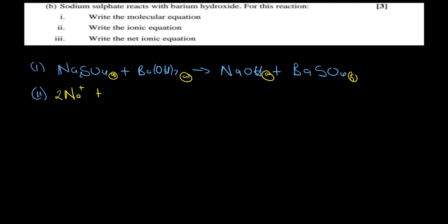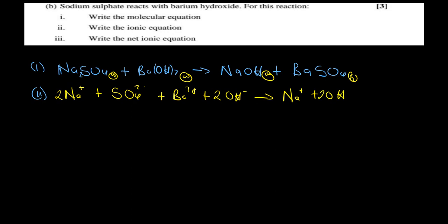Then we write sulfate with a negative there, plus barium with a plus there, plus hydroxide, you put a 2 there, that 2 is just to balance it, with a negative there, then equal to sodium plus hydroxide, all right, just to balance.